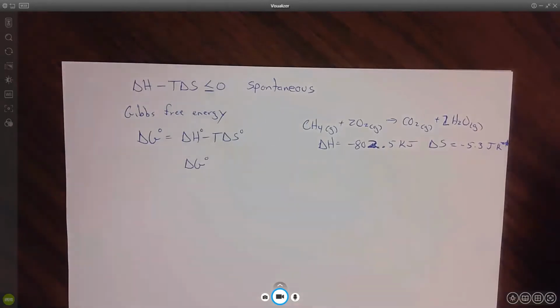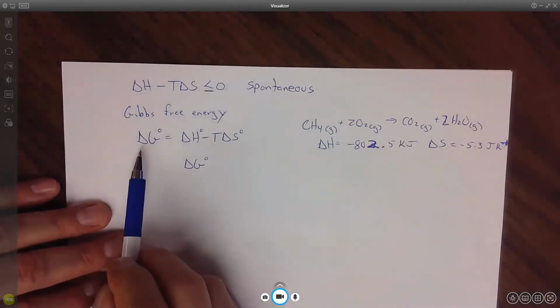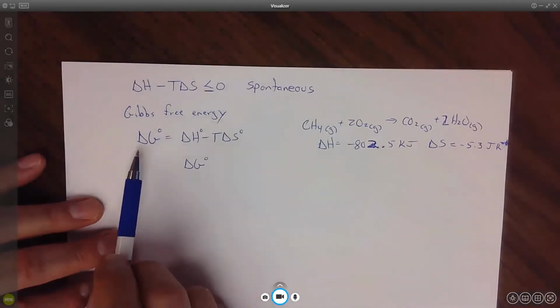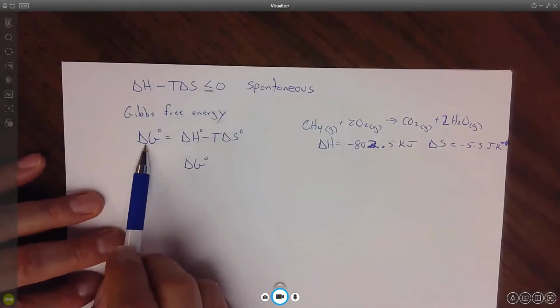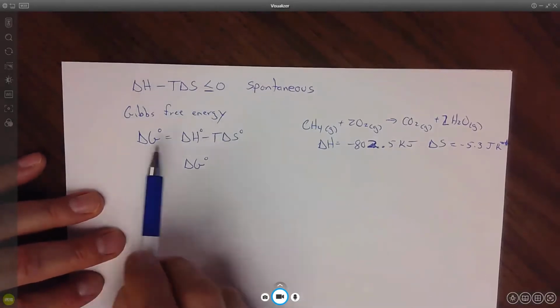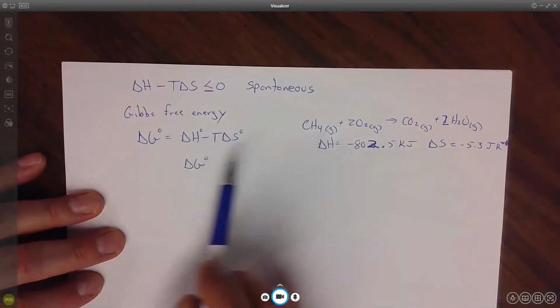Okay, what if the temperature was really high? No, I guess it wouldn't be. So it'd be spontaneous at low temperatures, because at high temperature would change that S value. Exactly, because del G has to be negative. So if this value is negative, well, that's negative.